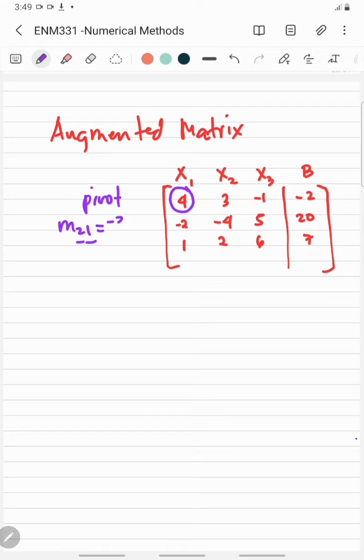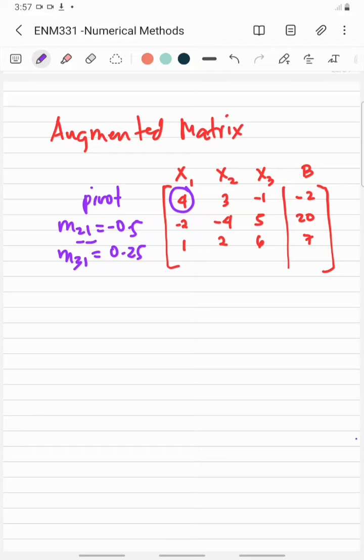So we divide negative 2 by 4, which is equal to negative 1/2. Then for row 3, we have M31: 1 divided by 4, which is equal to 0.25. I have to make this in decimal form. So this is negative 0.5, and this is 0.25. So these are our multipliers.